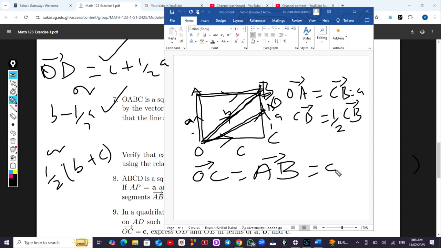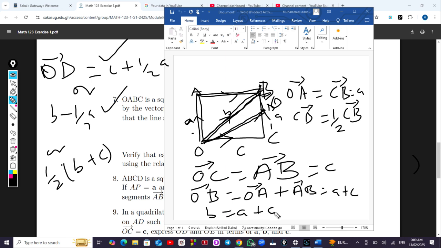OB will be equal to OA plus AB, by the triangle law of vectors. OA is a plus AB, which is c. That means b is equal to a plus c.